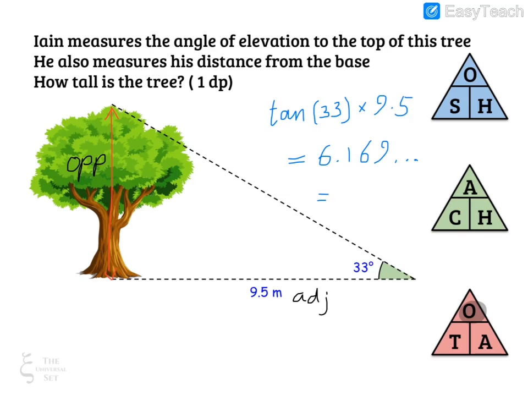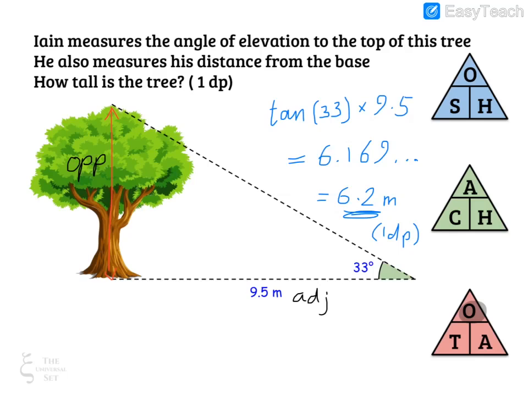The question has asked us to round to one decimal place, so let's do that. 6.1, the next digit is a 6, so that's telling me to round the 1 up. So I've got 6.2, which must be the height of this tree. So we've got a 6.2 metre high tree. I'm going to pop in brackets that I've rounded that to one decimal place. Okay, so there's my answer: 6.2 metres is the height of this tree.